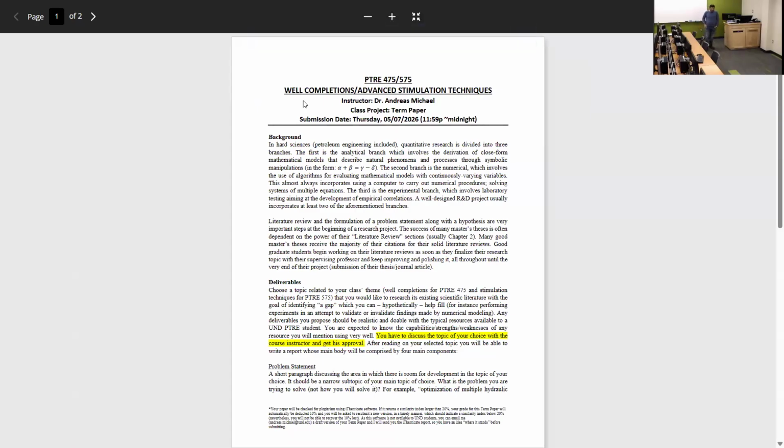And generally speaking, I know the two people online are close to graduation, so they are high seniors. And there are some people who are early graduate students in the class as well. So let's just say the average level of the student in this class is something between a senior and an early master's student, something like that.